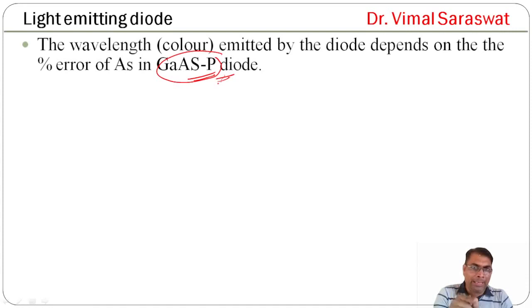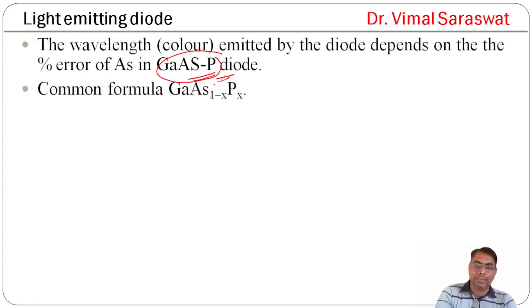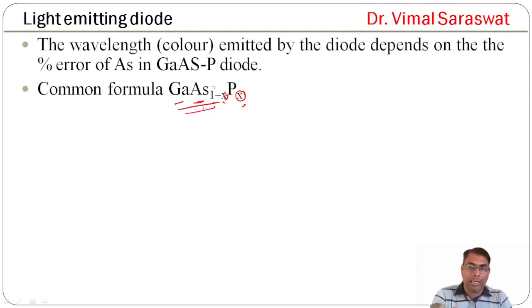The light emitted by the diode depends on this percentage of arsenic. The common formula is gallium arsenic 1 minus x, P x. So we just put here the value of x and we get the formula for such a diode or such an LED.